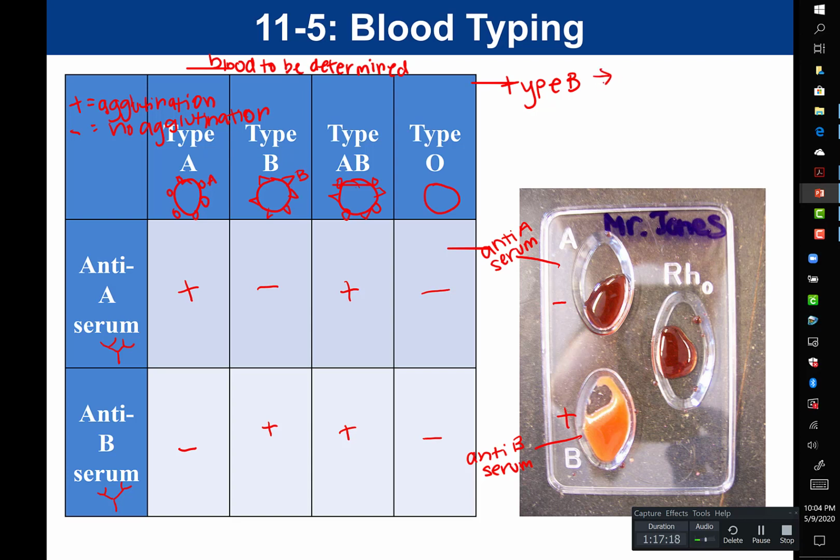And so again, whenever we get agglutination, that tells us that the antigen is present.